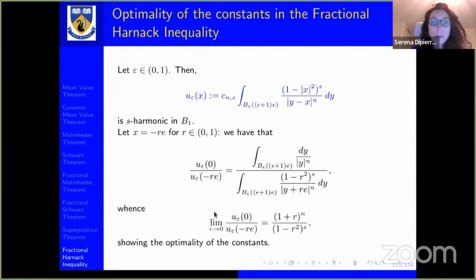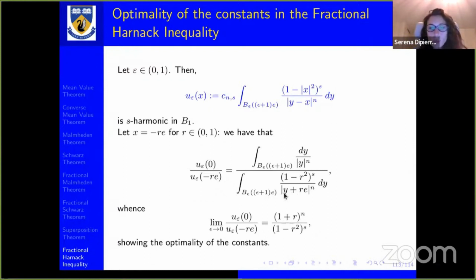And so if I send epsilon to 0, I'm sending the radius of the ball to 0. So I think this should go to 1. And the denominator should go to 1 minus r squared, which is here below. And then y should go to e.